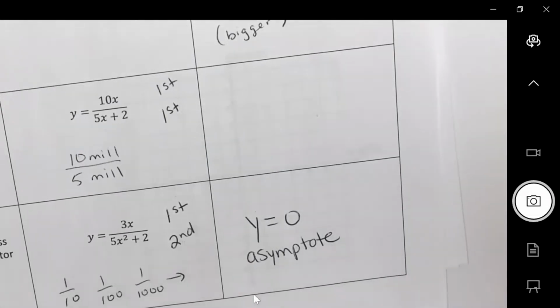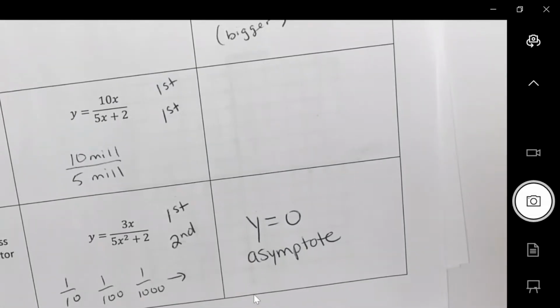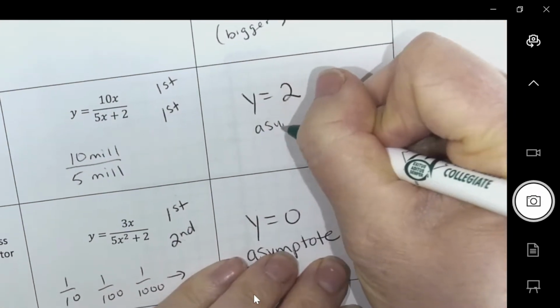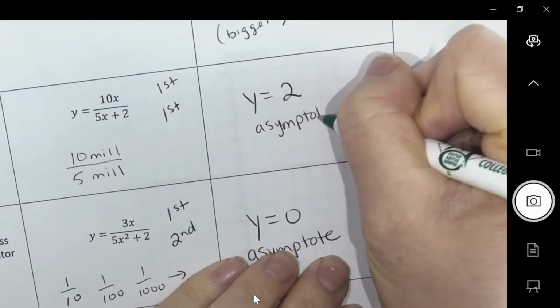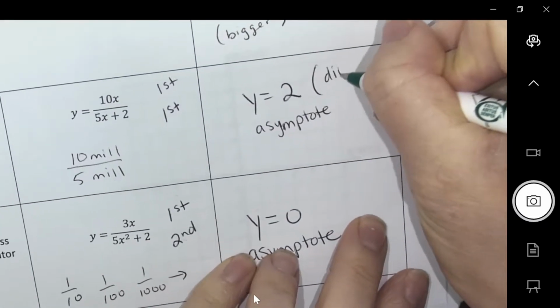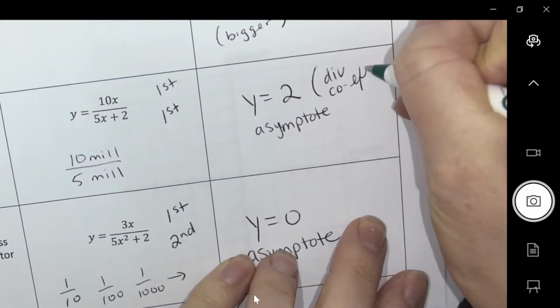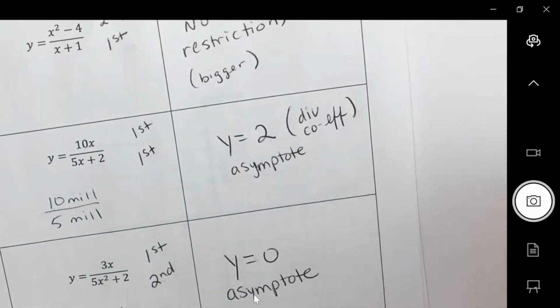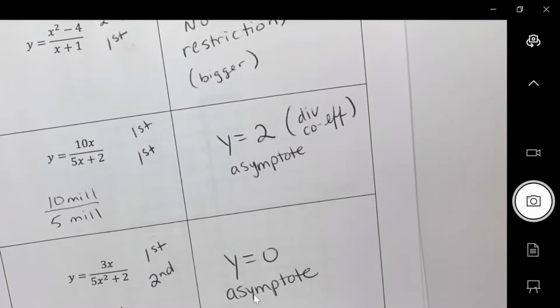What does that divide to? 2. And that's always going to be the number when you just divide the leaders there.